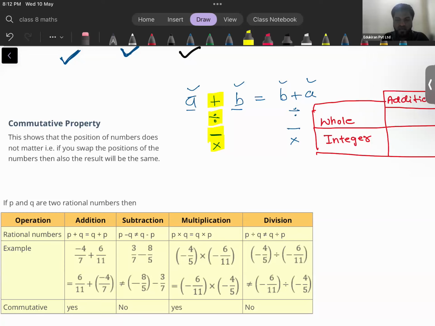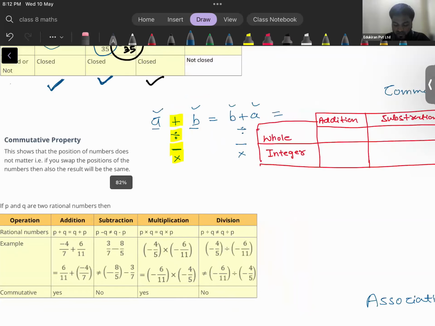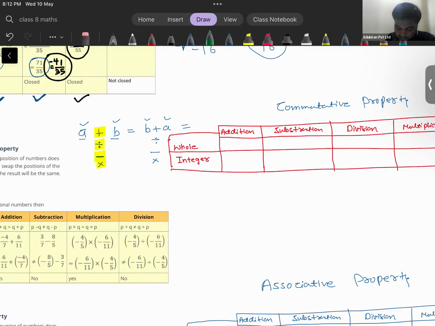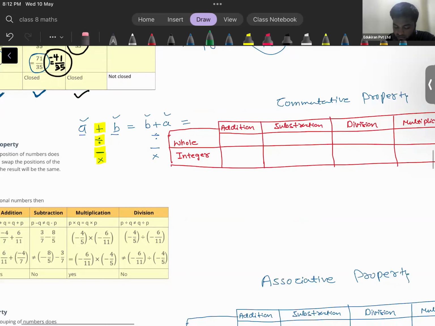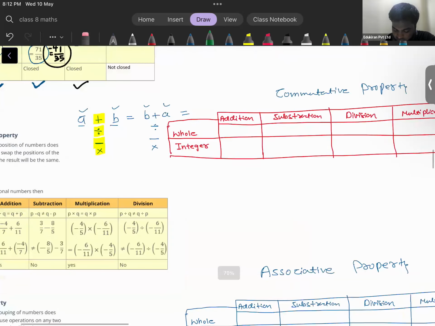And if the value is the same, then we say that we are following the commutative property. Let's take a few examples and it will become clear. If I talk about whole numbers, which are natural numbers together with 0, let's take two values here.